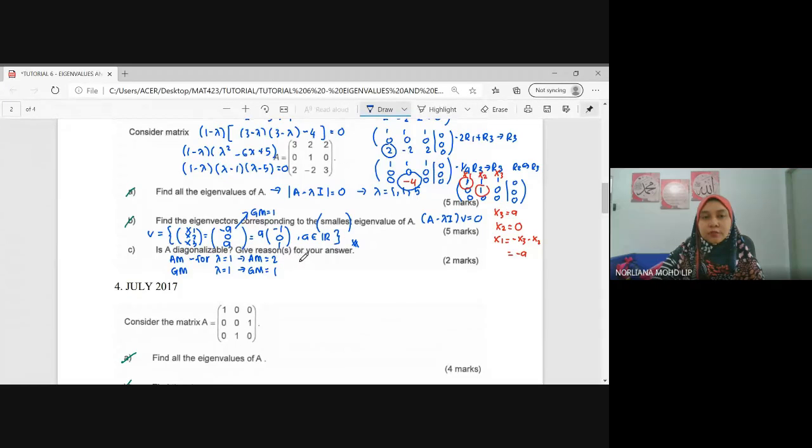So not proof lah, since AM not equal to GM for lambda equal to 1, therefore A is not diagonalizable.